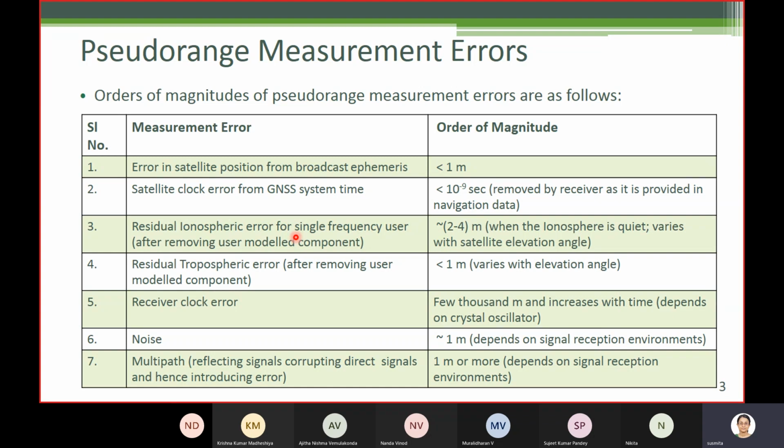But if it is a single frequency user, then the user has to use some mathematical model to partially remove the ionospheric error. There will always be some residual component after that. That residual ionospheric error is on the order of 2 to 4 meters when the ionosphere is behaving normally. Okay. During ionospheric storms, during rapid buildup of electron density in the ionosphere, the error can be much larger.